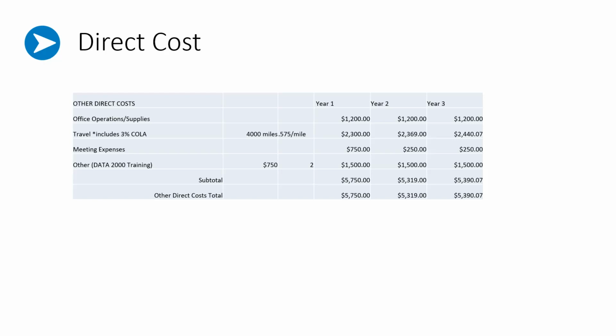And that gave us $2,300. Then meeting expenses, that is probably a registration expense or a hotel, but without looking at the notes, we don't know. And then a data training other was $750 times 2 people to take it, gave us $1,500. So these are common direct costs that you would see if you were putting together your budget.